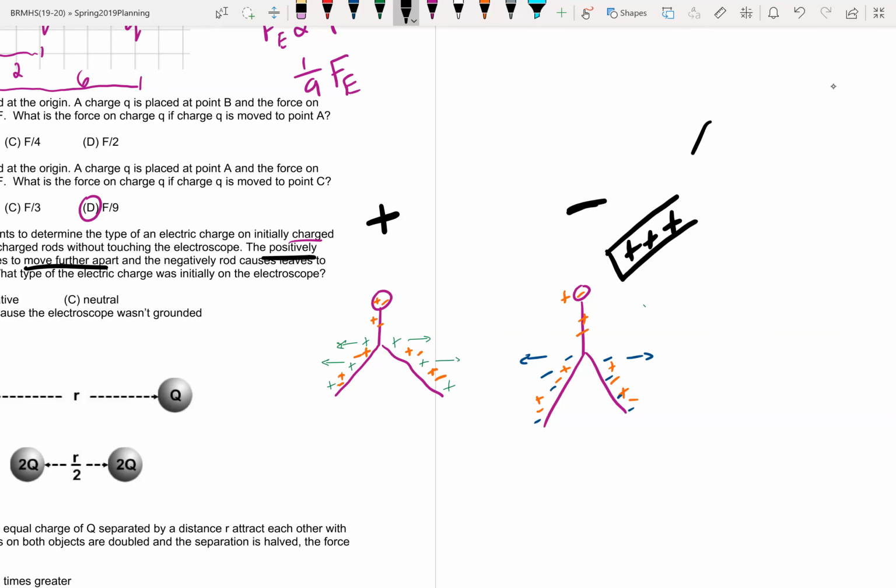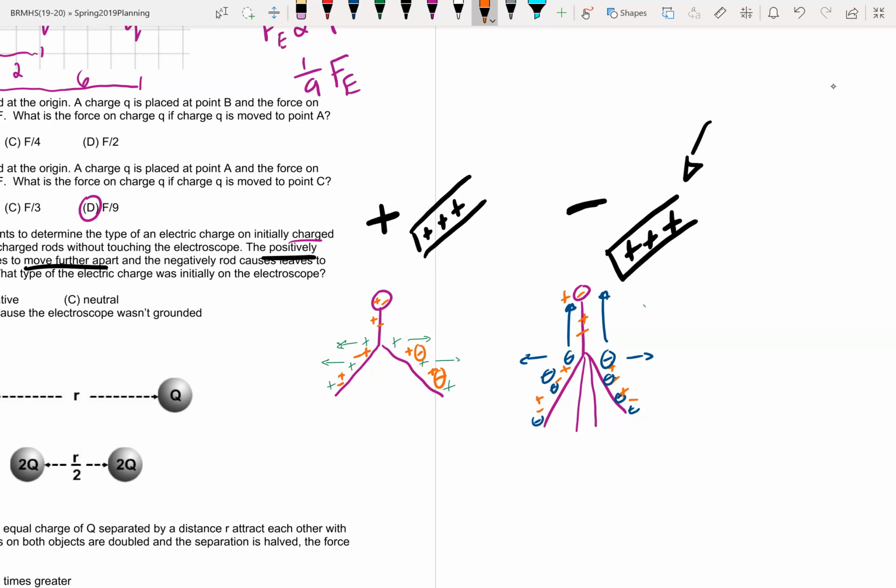If we brought a positively charged rod close to the one that's net negative, that would cause our electrons that are free to move around to move up towards the top of the electroscope, meaning that our leaves would then move closer together. If we brought our positively charged rod towards an already positively charged electroscope, that's going to cause our electrons to move up again towards the top of the electroscope.